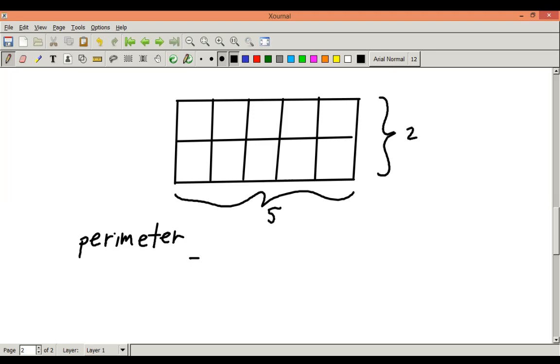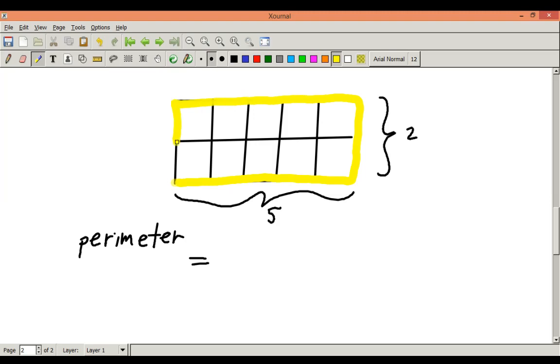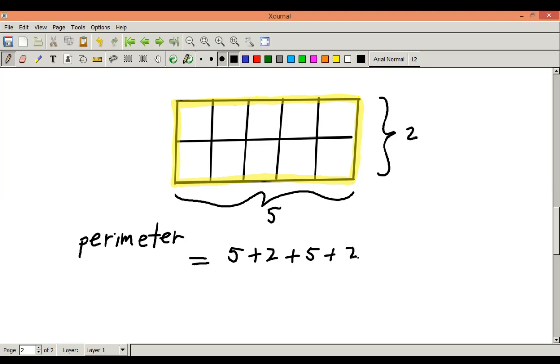But remember, if you're just walking around this shape, let's say you start right here in this corner, you're going to go 5, and then 2, and then another 5, and then another 2. So your total distance that you're going to walk would be 5 plus 2 plus 5 plus 2. 14, whatever those are, units. I'll just call them units.